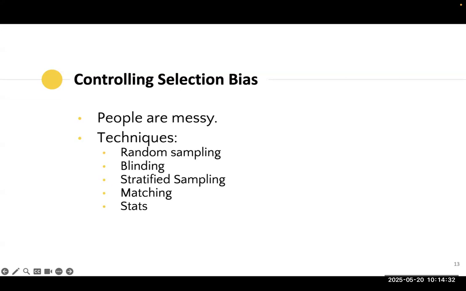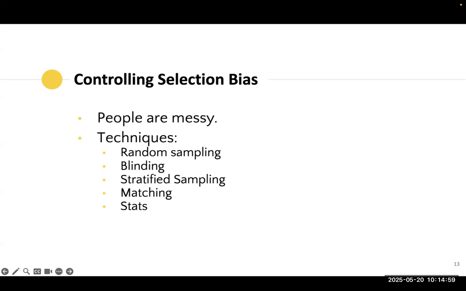You can also stratify the sample. So this helps with making sure that you record things like age, gender, that sort of stuff, so you have the same amount of each of those kinds of groups in each arm of the study.